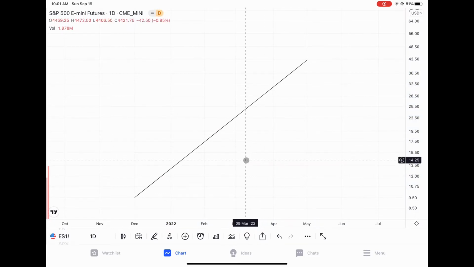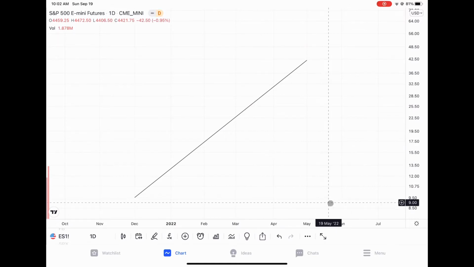That's the general idea. I wish it was as simple as that, but we all know that the market does not move in this fashion. It's not linear like this. But that's the general idea that people have.